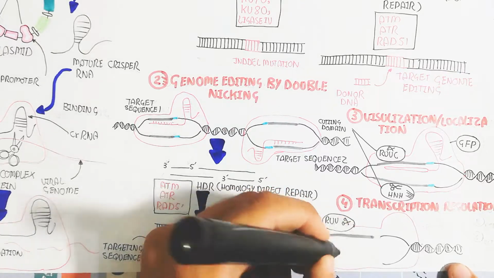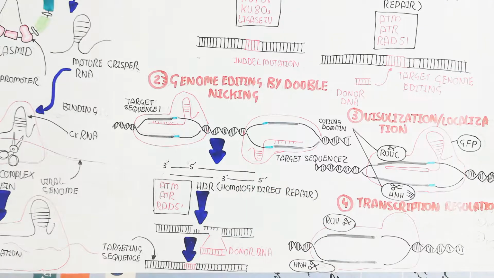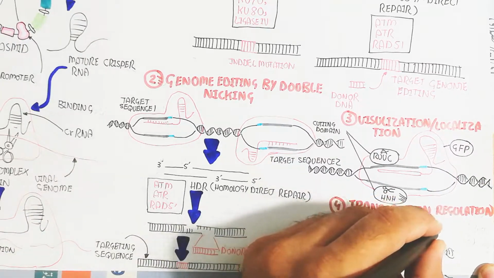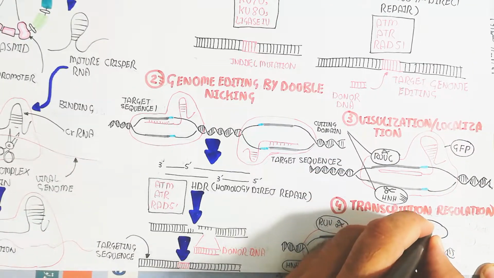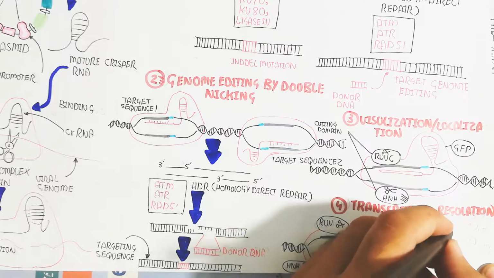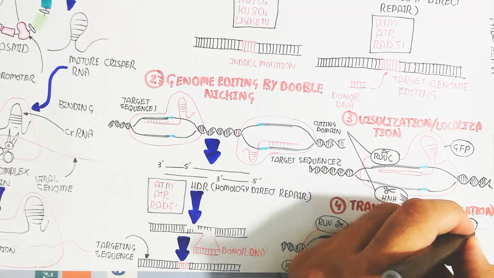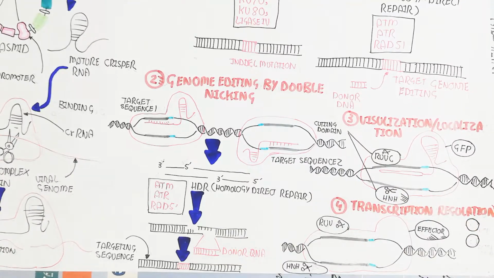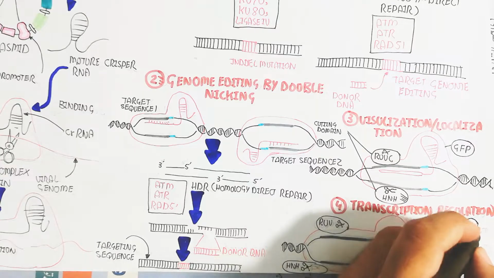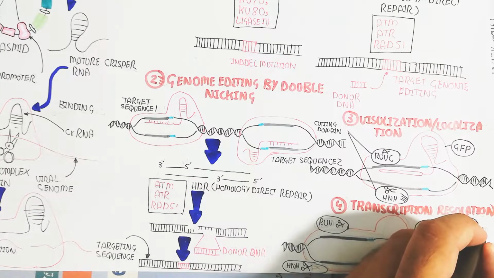On the other hand, transcription regulation means the RuvC and HNH will cut. After this, the effector, the target gene, will inhibit to produce the red light, and the activator will produce the green color.